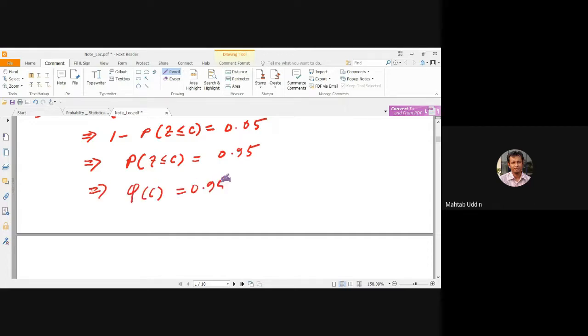Then from the table you can find C is very close to 1.65. Sometimes some students write 1.645. Because I have to show this, just wait.